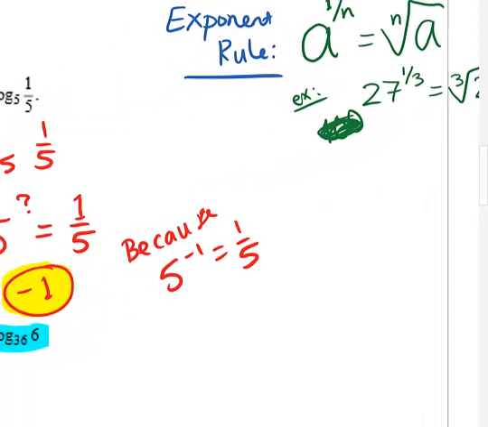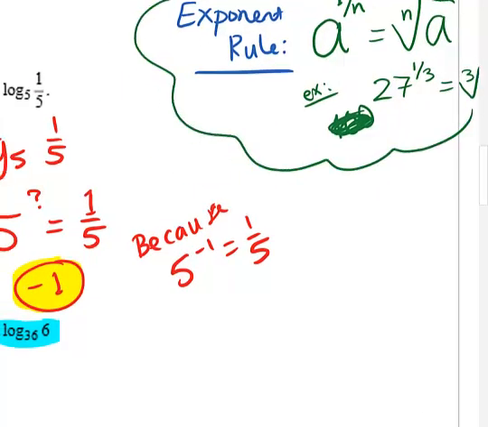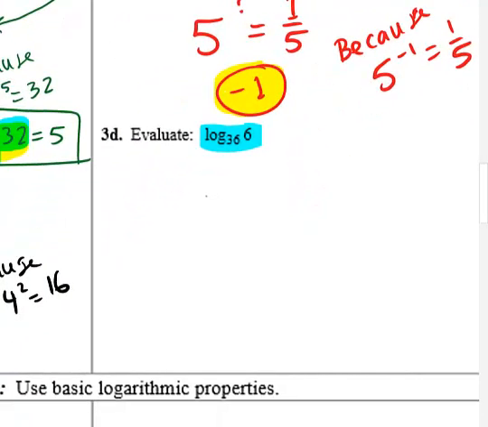So I think that'll help us with this last one. This says 36 to some power that I don't know was 6. Well, usually when you raise something to a power, the number gets bigger, like 2 to the first power, 2 to the second power, 2 to the third power. But I'm supposed to raise 36 to some power and it gets smaller. What I could do to 36 is square root it and I'd get 6.